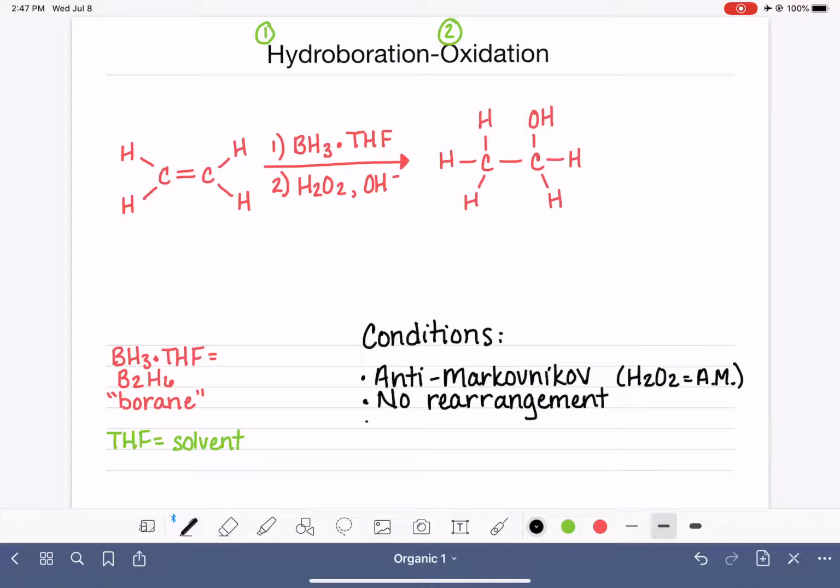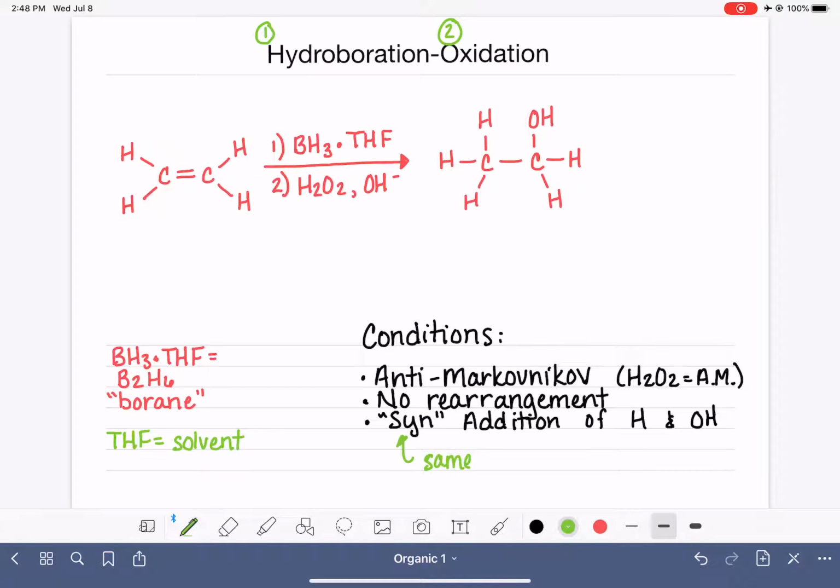And then the last condition, and this is a new one, is that we have something called syn addition of the hydrogen and the OH. Syn addition means that the hydrogen and the OH go to the same side.